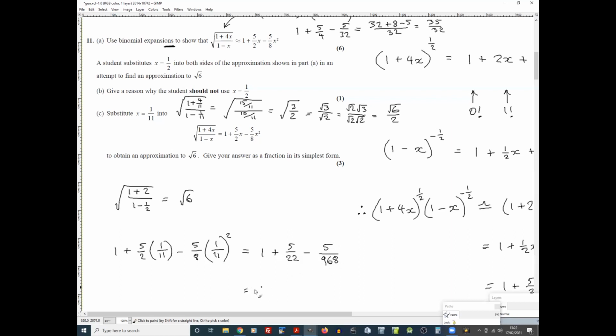Yep. Good. And then taking that as a common denominator, first of all, we've got how many on top? We've got, in the case of the 1 unit there, 968. Good. And then what have we multiplied 22 by to get 968? I guess we've multiplied it by 8. Only half of that, I think.